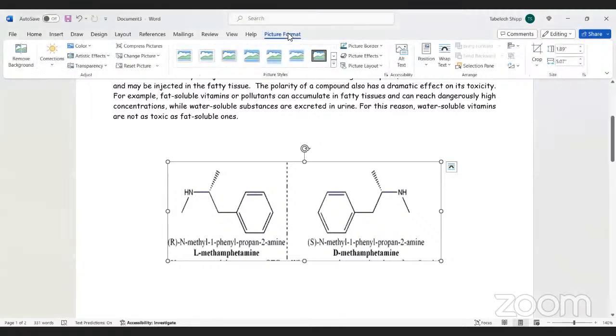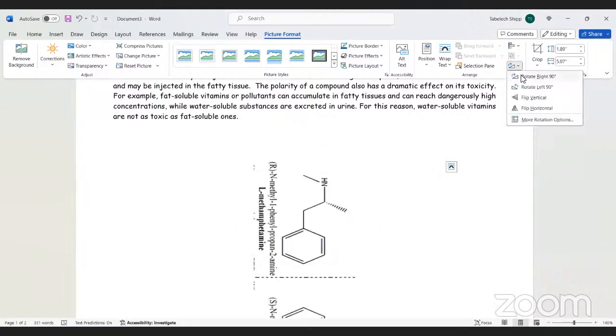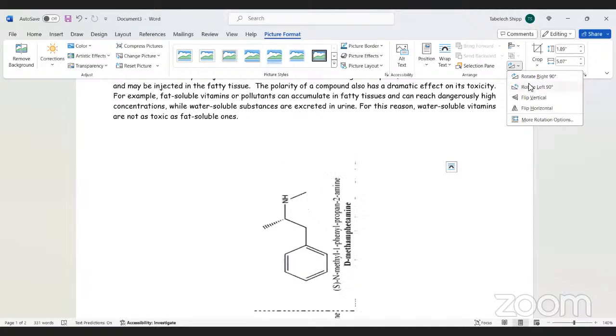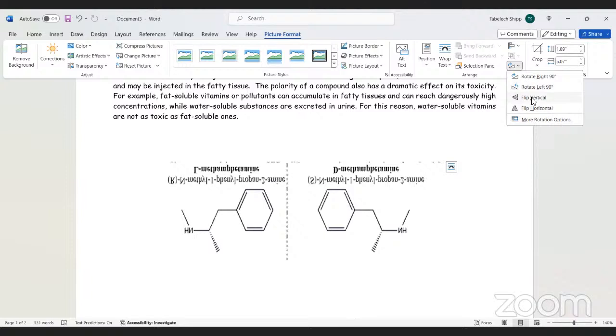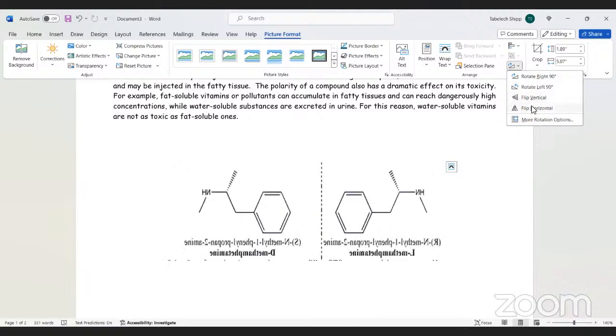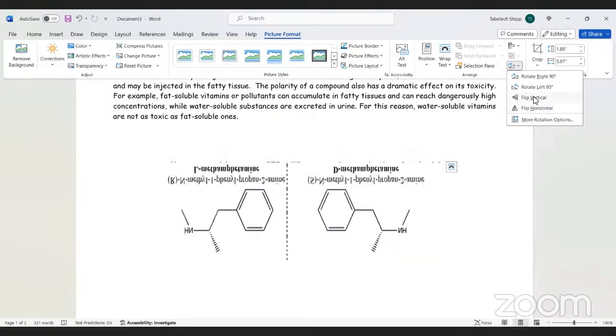If I were to reposition this picture, I'm going to rotate it. I rotated it 90 degrees. I'm going to rotate it again. And as I just keep rotating it, I flipped it upside down. I flipped it horizontally. Does that change anything?